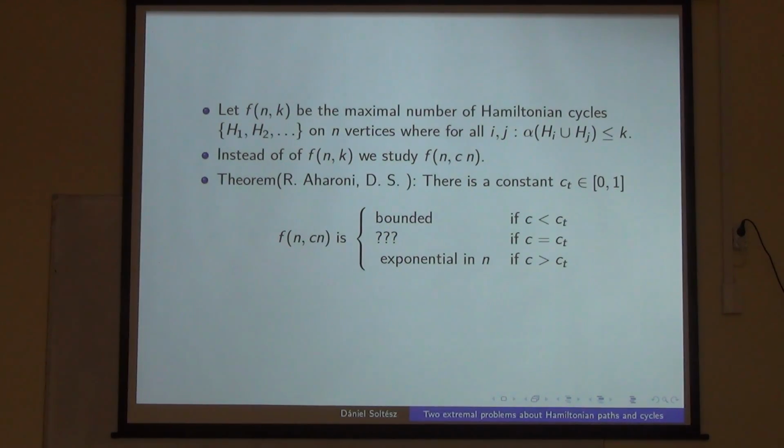On the other hand, if I increase c from the threshold, which means I'm allowing slightly larger independent sets, well, to be perfectly honest, I'm allowing a constant times n more independent sets, so yes, that should be mentioned. Then the answer is immediately exponential in n.